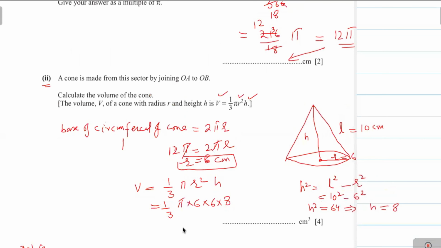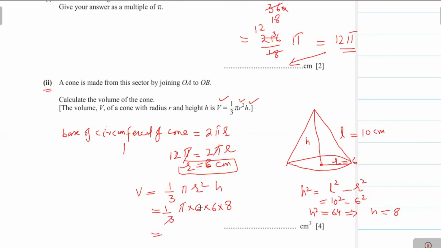This will be equal to 3 times 2 is 6. Therefore 2 times 6 is 12, 12 times 8 is 96 pi, and this will be equal to 301.6 cubic centimeter, and approximating to 3 significant figures, this is 302 cubic centimeter. This is the answer.